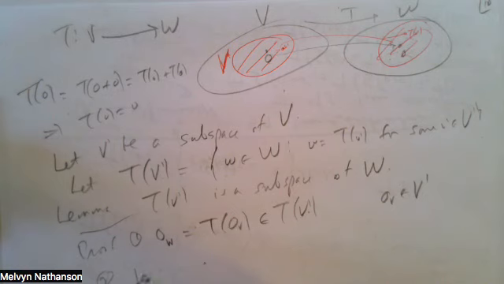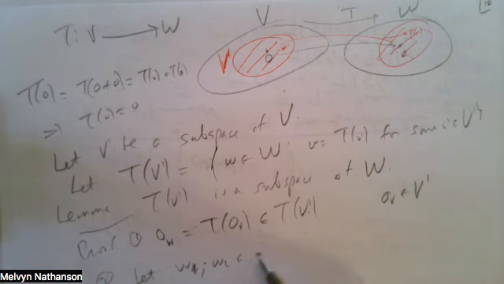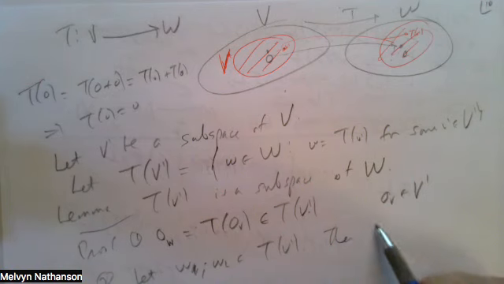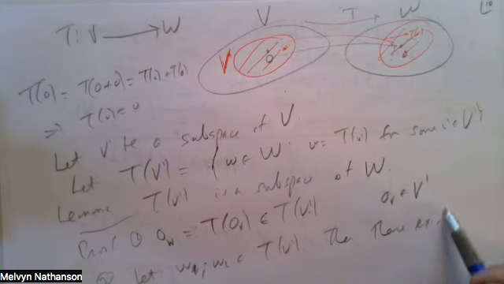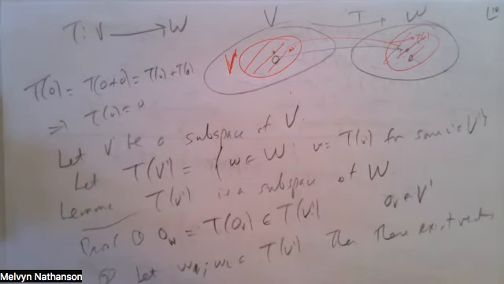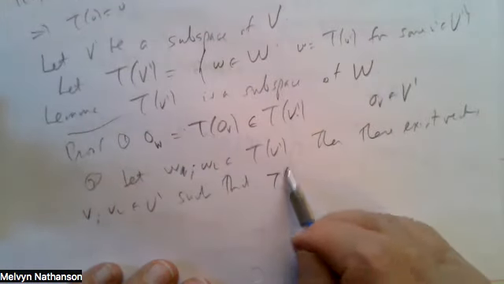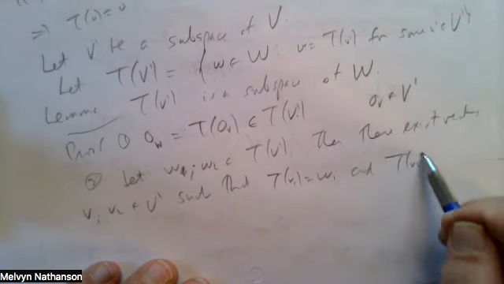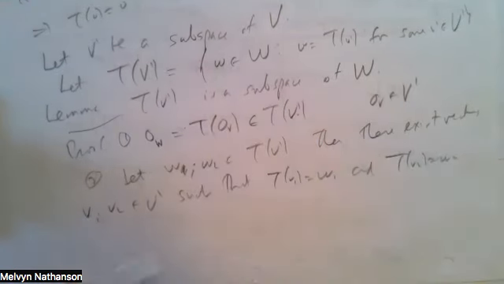Second, suppose W1 and W2 are in T of V prime. That means there exist vectors V1 and V2 in V prime such that T of V1 is W1 and T of V2 is W2.